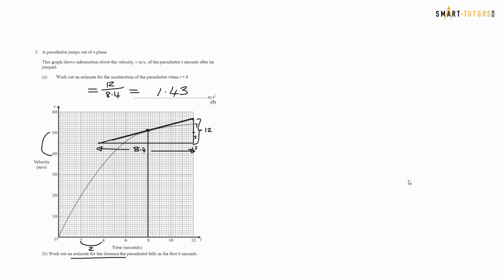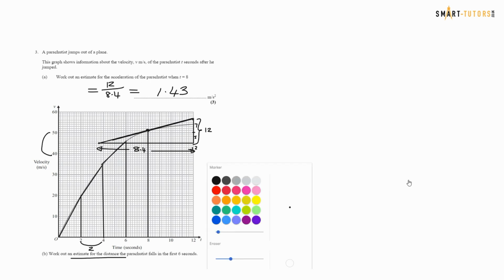Question number B, work out an estimate for the distance the parachutist falls in the first 6 seconds. So 6 seconds means I'm going to draw stripes to find out the distance. So this is the second stripe, and this is the third stripe. I'm considering this as a triangle, and this is a trapezium, and this is a trapezium, right?